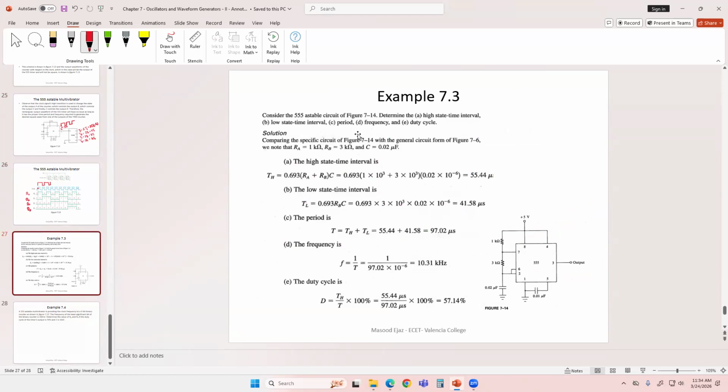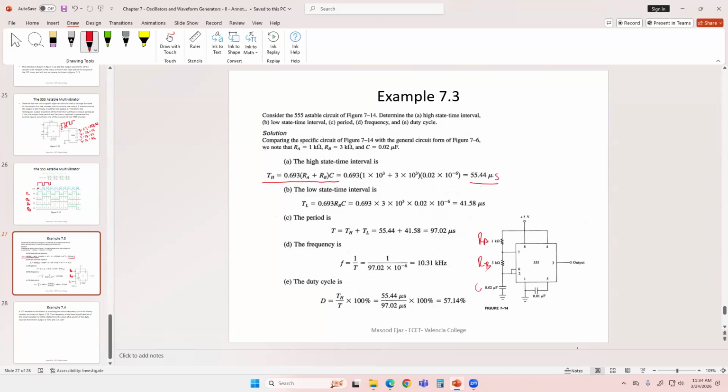All right, example 7.3, we have a 555 timer. This is your RA, 1 kilo ohm, RB, 3 kilo ohm, capacitor 0.02 microfarad. Determine the high state time interval, low state time interval, time period, frequency, and the duty cycle. So just again plugging in the equation. High state time is 0.693 (RA plus RB) times C, 55.4 microsecond.